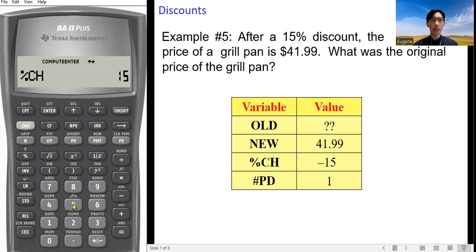To get the negative sign, we press the plus or minus button at the bottom right of the calculator. Then we get a negative number, negative 15. Press enter to input this variable as percent CH. And then PD is what?